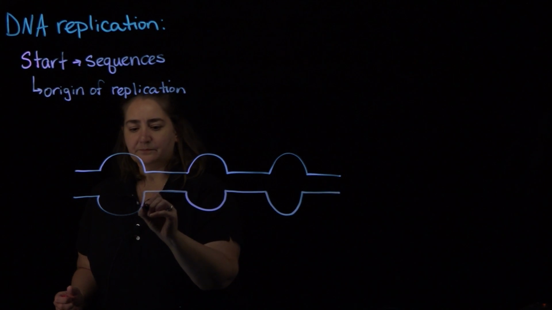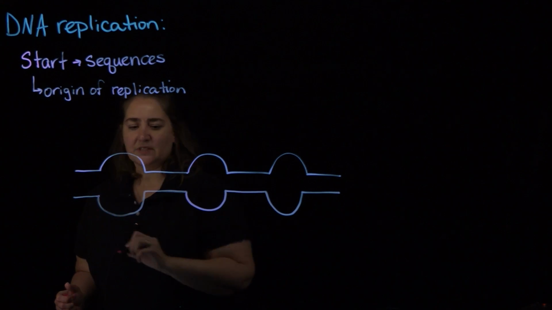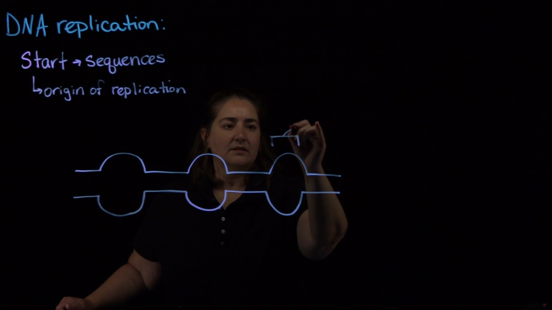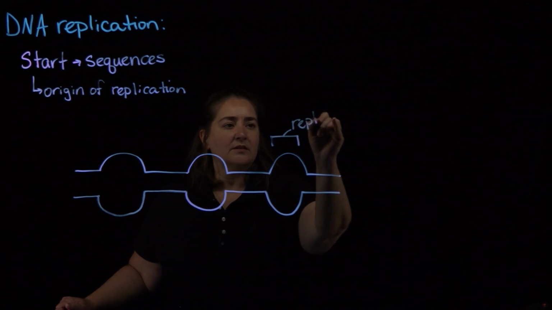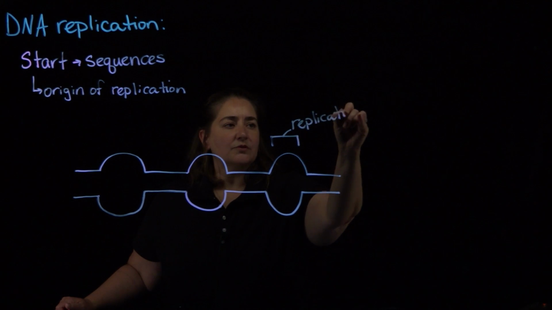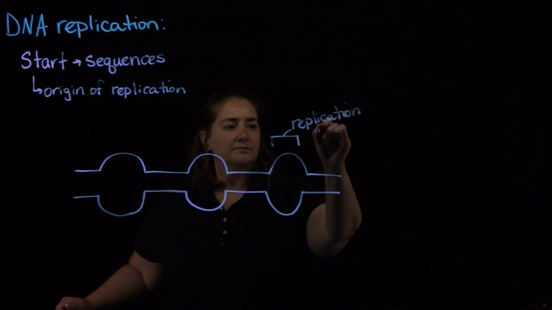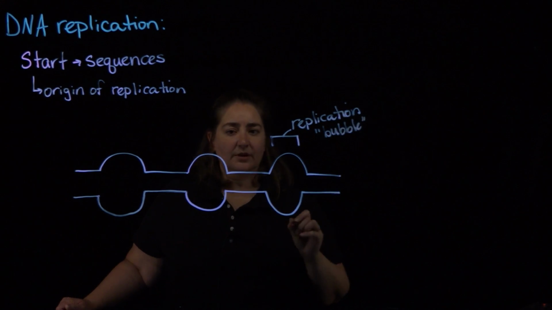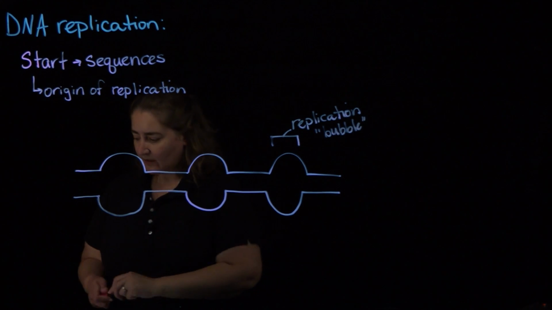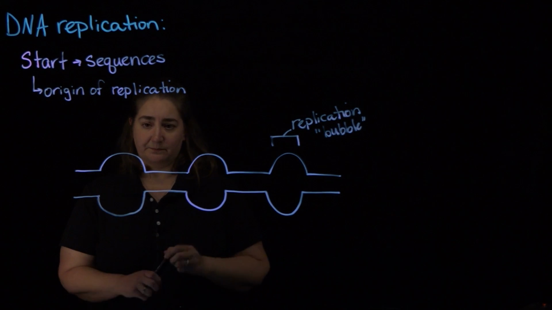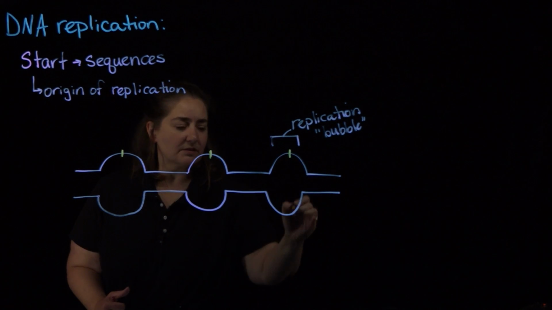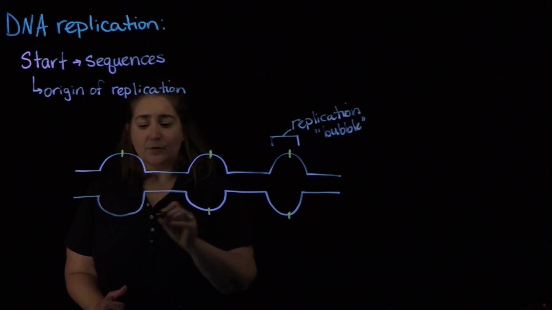All right, so these weird bumps here, these are going to be my replication bubbles. Okay, and what we're going to have in our replication bubbles is we're going to have a particular sequence, and it'll be on both strands.